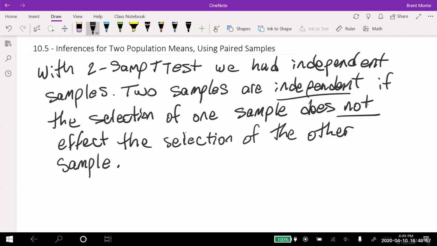Okay, so that was from sections 10.2 and 10.3. Let's even just put a 10.2, 10.3 here.